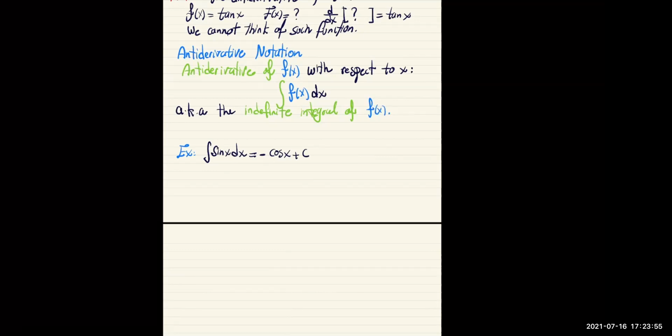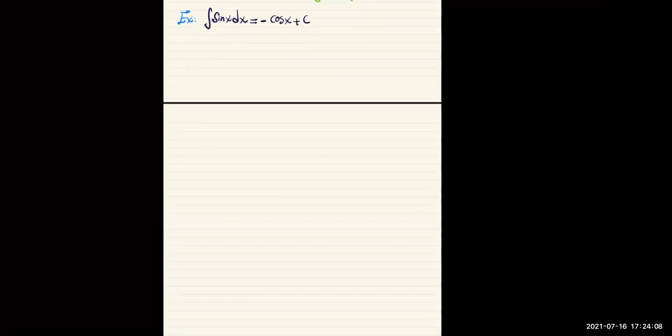Integral of f means antiderivative of f. So we'll use those terminologies interchangeably.